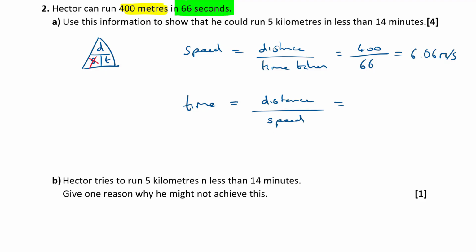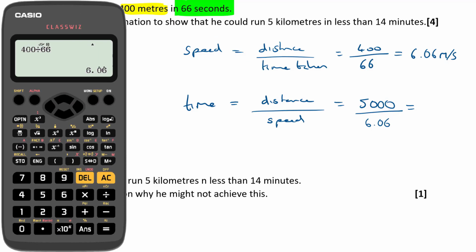Okay, so now the distance is 5 kilometers. My speed though is in meters per second, so I'm going to convert that 5 kilometers to 5,000 meters and then divide it by 6.06. What's that going to give me? Well, I've still got the last calculated value as the answer. I'm going to use the full calculated value by using the answer key.